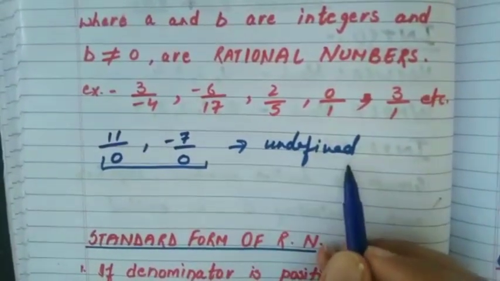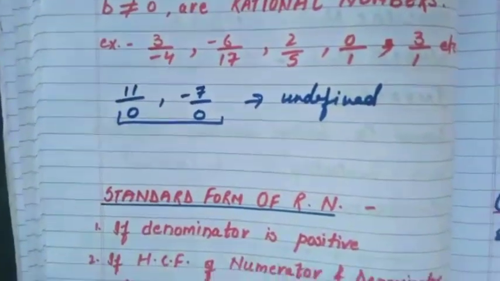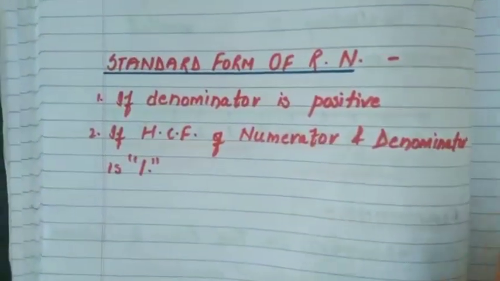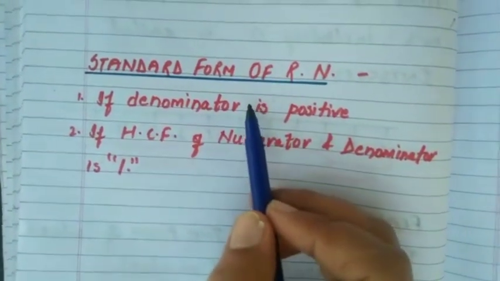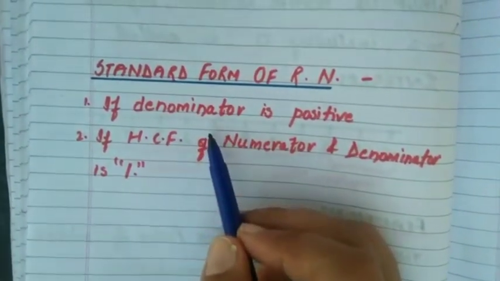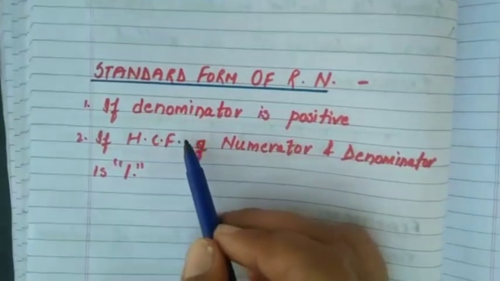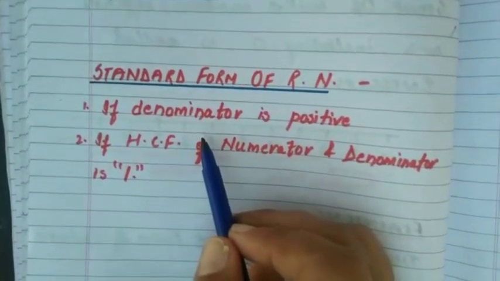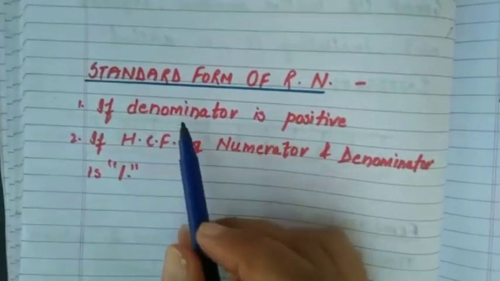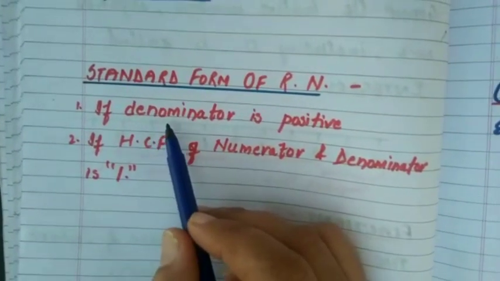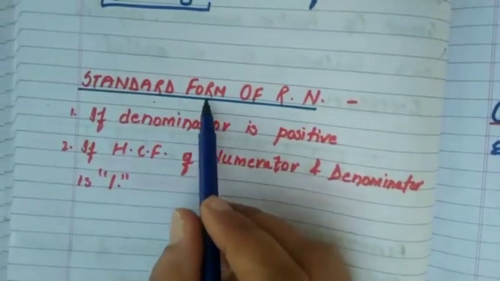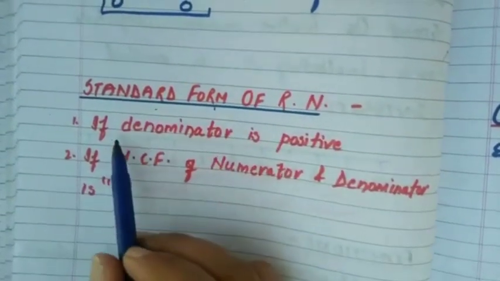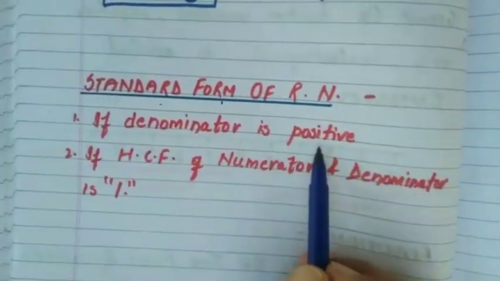They come under the undefined category. Next I am going to tell you the standard form of a rational number. There are a few methods you have to follow when you write any rational number in standard form. First, the denominator should be positive.